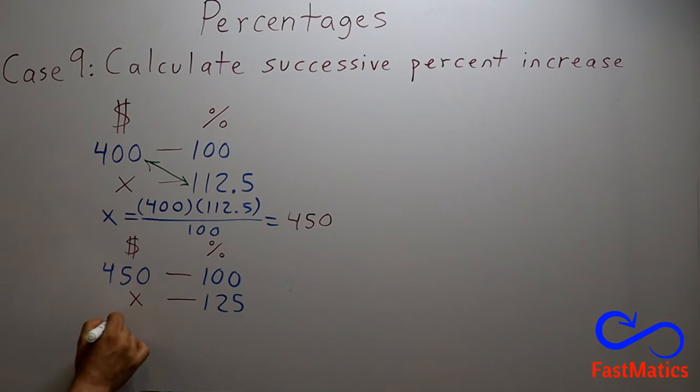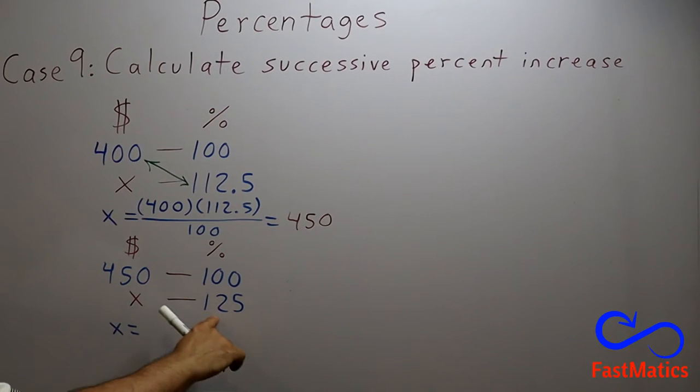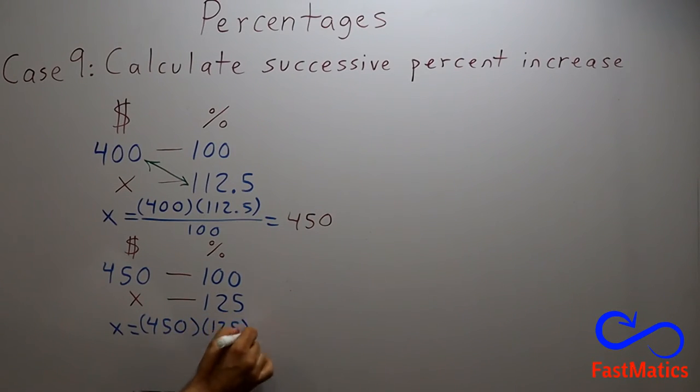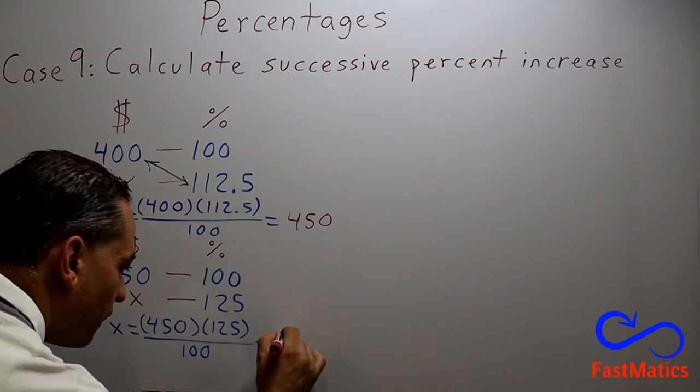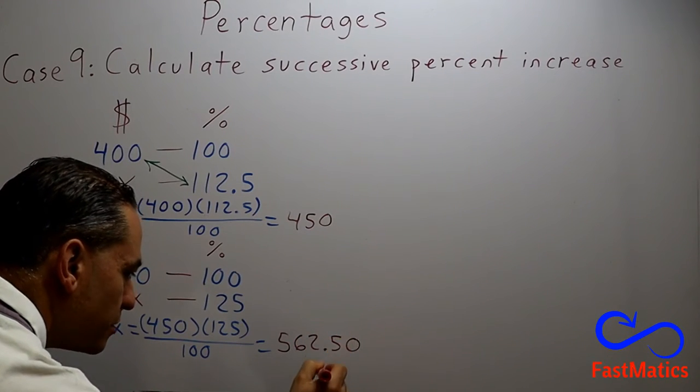Then I'm going to solve it. 450 times 125 divided by 100, and that is 562.5, and we can fill with a 0.